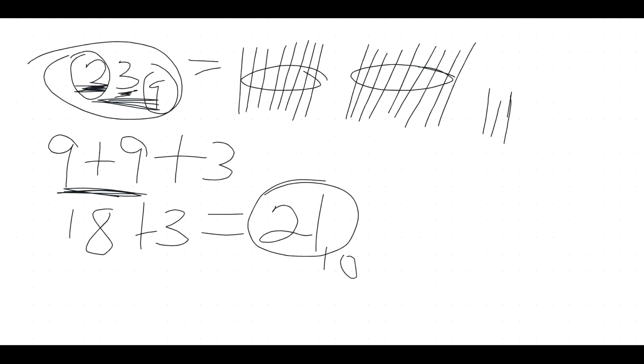So we have 6 bundles of 7, which is 42. Then 2 singles. So when you add them, it's 44. Exactly. That is as simple as that.